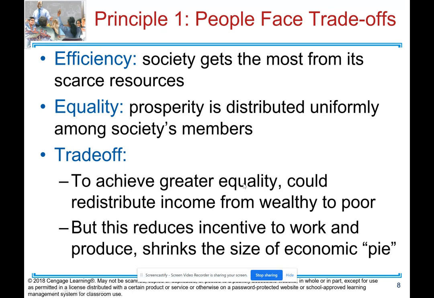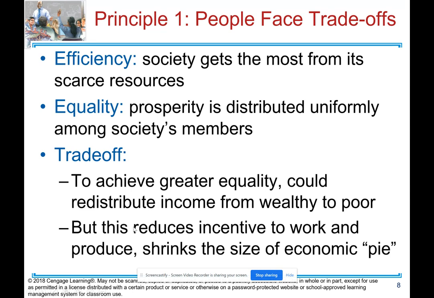To achieve greater equality, we could redistribute income from wealthier members of society to poor members of society. But this reduces incentives to work and produce, and therefore shrinks the size of the economic pie.